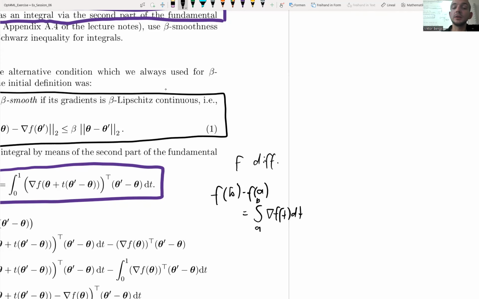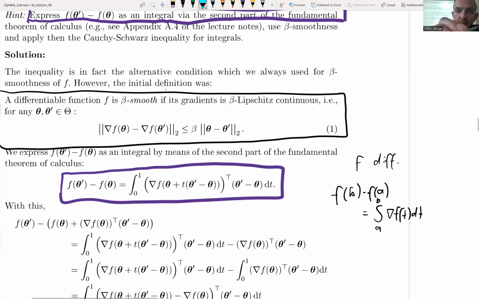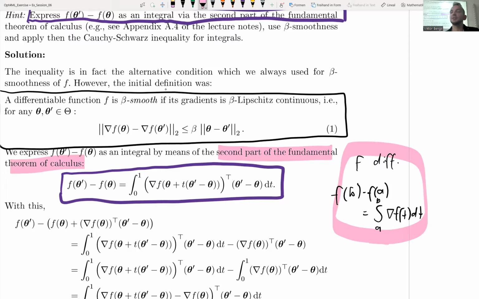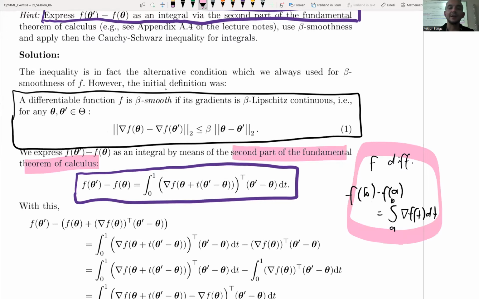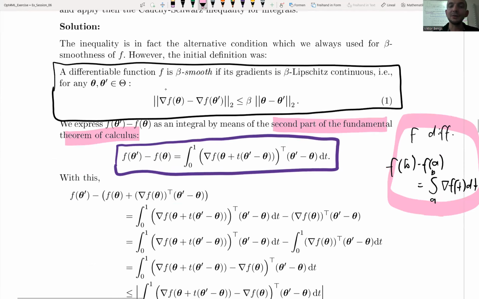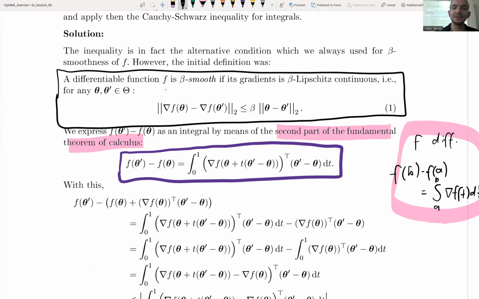This is what the second part of the fundamental theorem of calculus is telling us. And now the question is, how do we use it? Again, this was the tricky part.